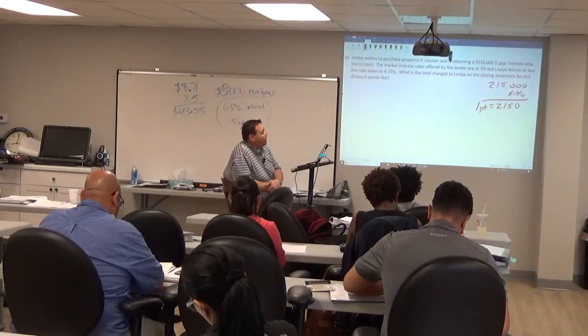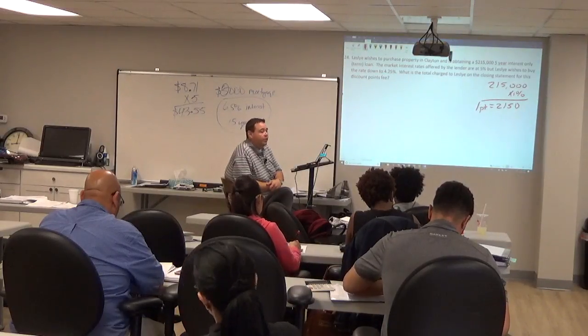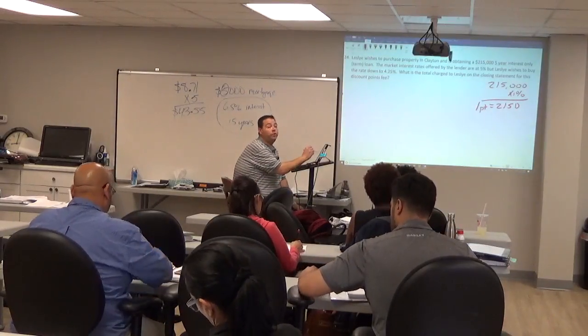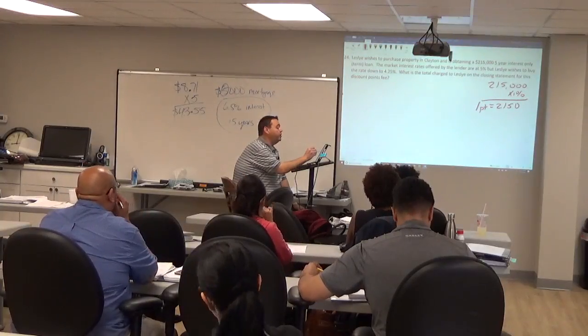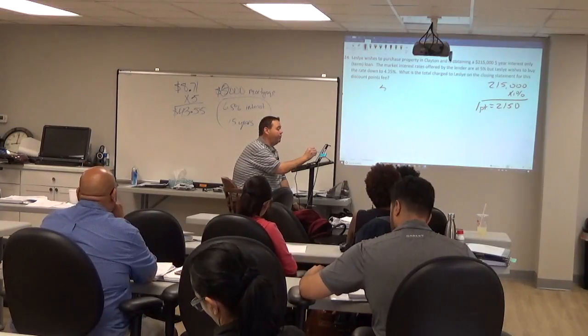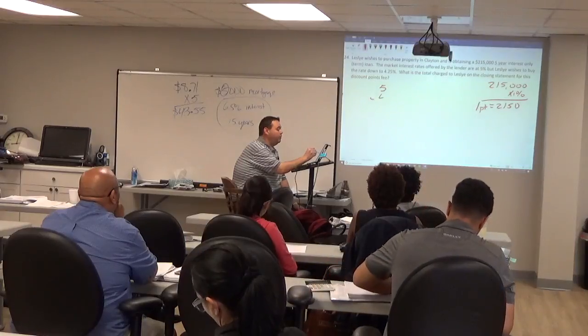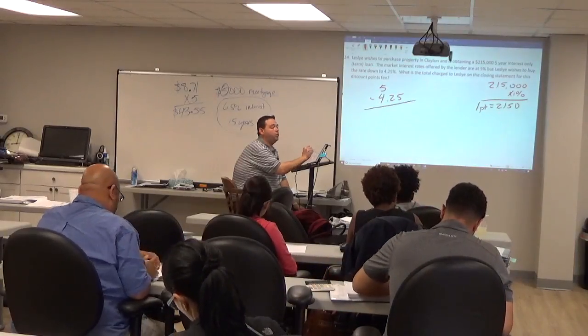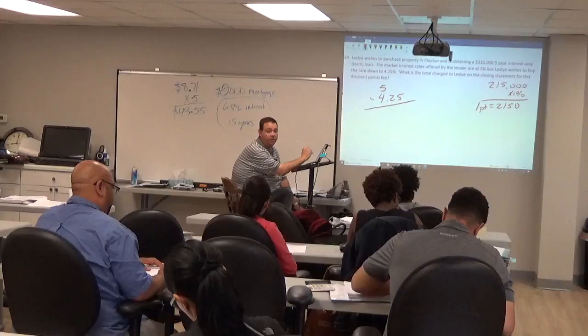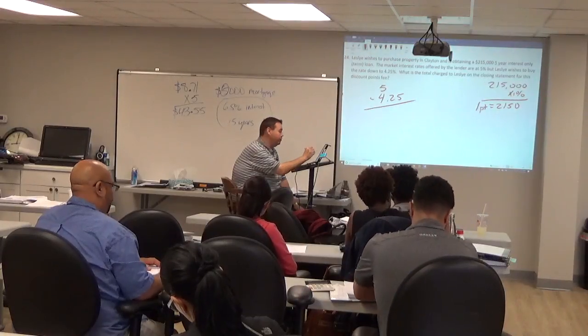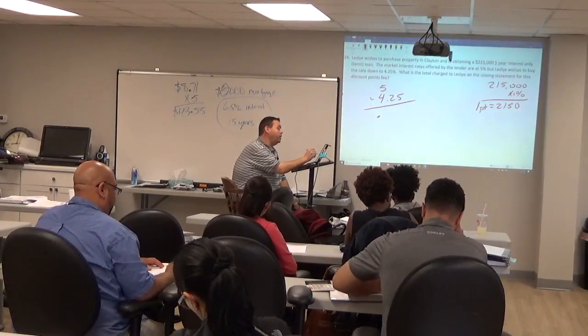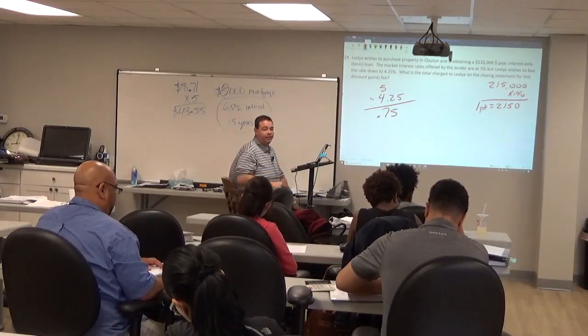So, how do we go about figuring how many points it would need? First thing we need to know is how much we need to move this rate. What are we trying to move it from? 5 down to what? 4.25. Can we subtract those and figure out what the difference is to see how much movement we need? Okay. So we need to lose 0.75% here.